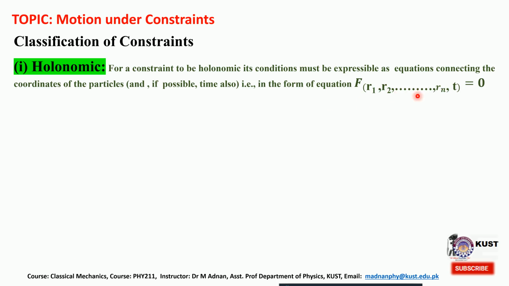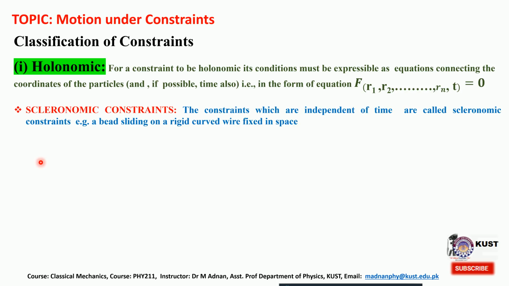If the condition of the constraint is expressible in the form of an equation, then those constraints are holonomic constraints. Out of the holonomic constraints, those which are independent of time are called scleronomic constraints.